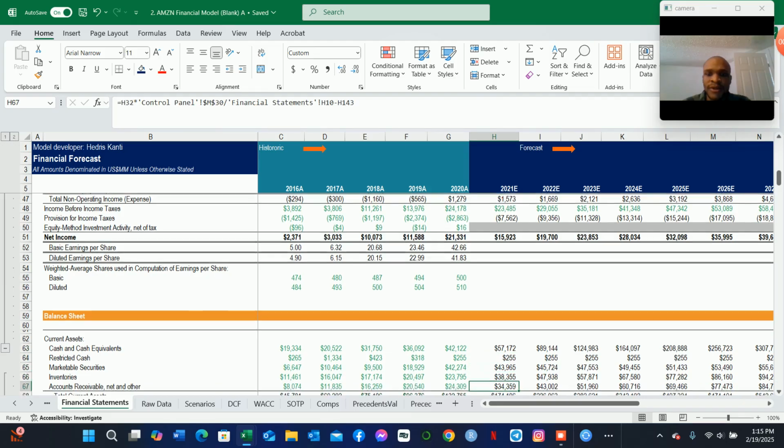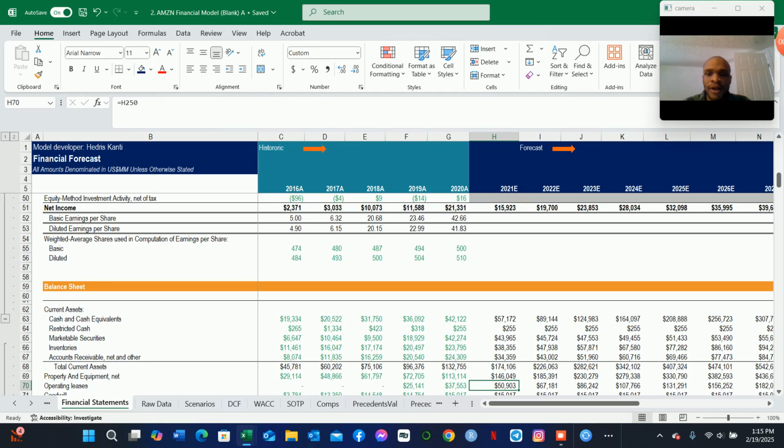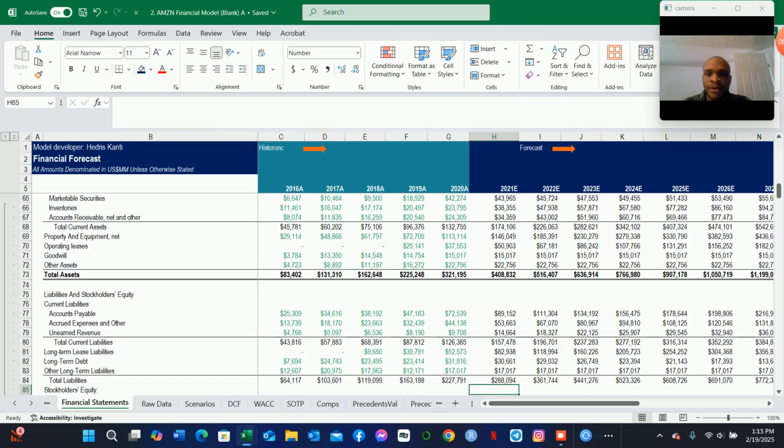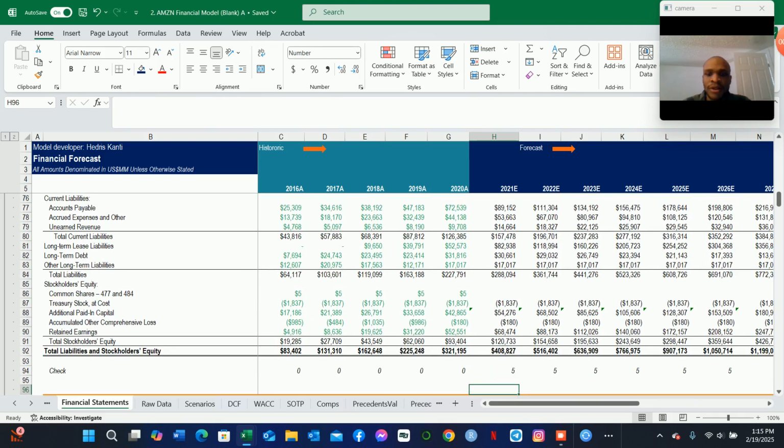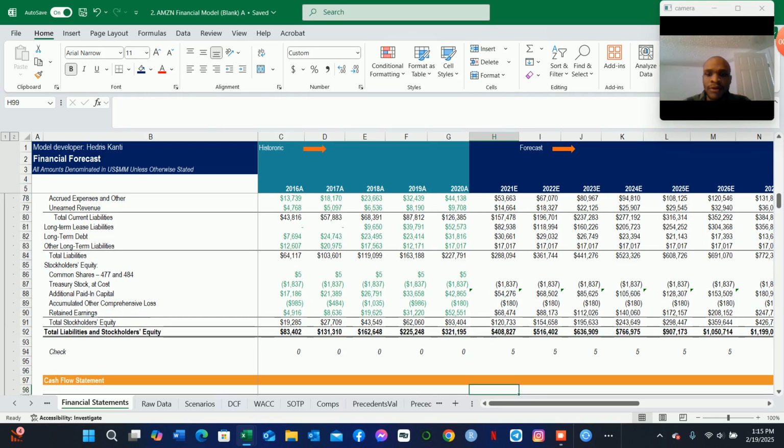So we're going to be determining if there will be any ongoing funding requirement for Amazon. That's going to be based on its cash flows.